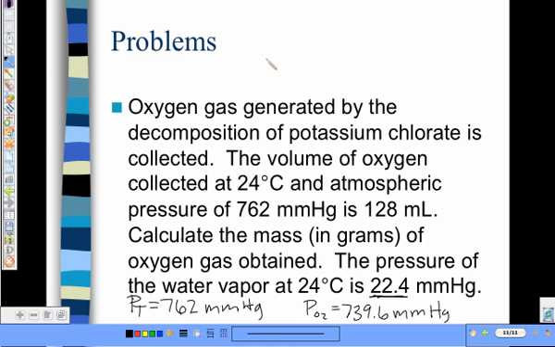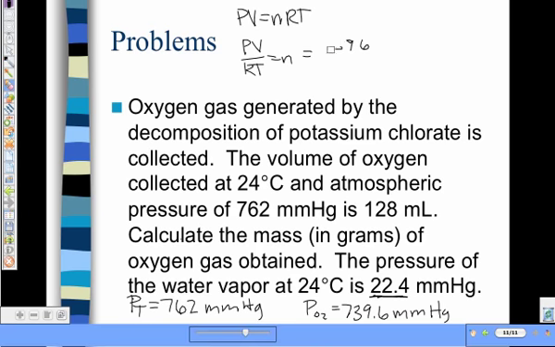So I would go ahead and find moles, find n. PV equals nRT. And we want to find n, so we'd have PV over RT equals n. So what's our pressure? Right, use the 739.6. But we're using R, so what units do we have to be in? We have to be in atm, so we have to change that to atm.